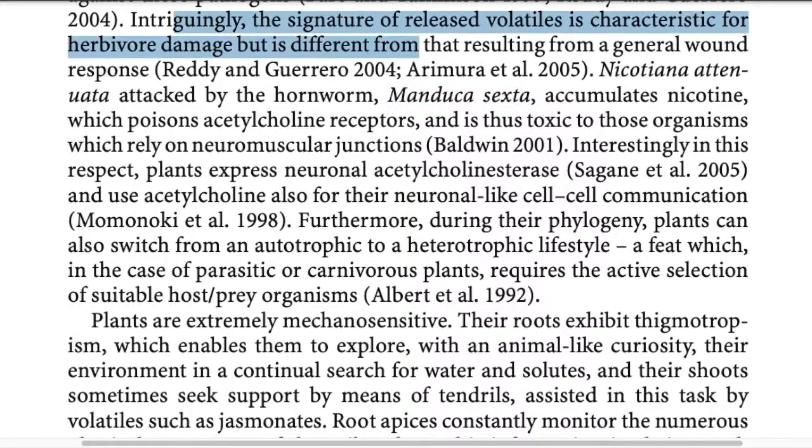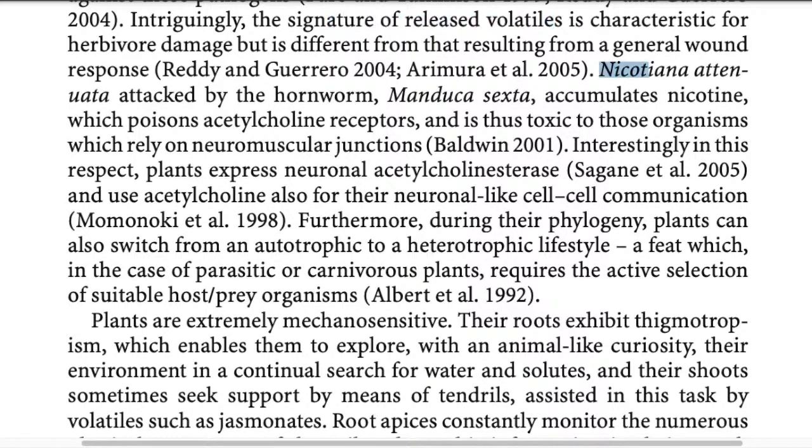Intriguingly, the signature of released volatiles is characteristic for herbivore damage, but is different from that resulting from a general wound response. So that's the signature of the released volatiles.